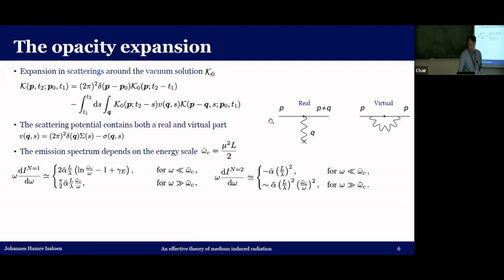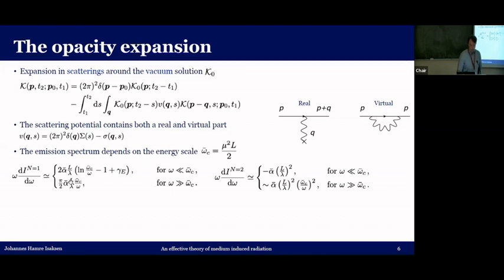The difference is that in the real part the momentum will change, but in the virtual part the momentum will not change. If you calculate this, you get an emission spectrum, and you can see that we get an energy scale omega c bar, which depends on the length of the medium or time. We calculated this to the first and second order.